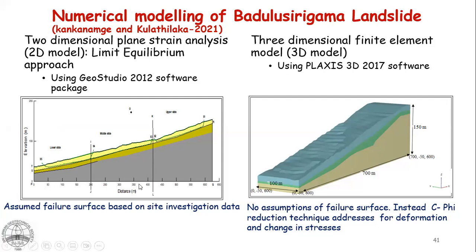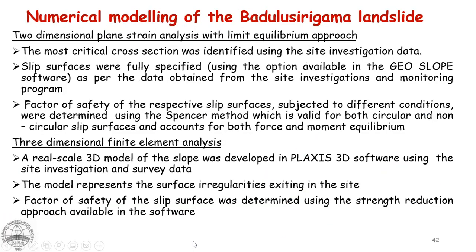In the 2D analysis, we modeled the identified failure surfaces, so stability was evaluated on the identified failure surface after the infiltration analysis. But in the 3D case, it was a finite element analysis through Plaxis. No assumptions were made regarding the failure surface, and the critical failure surface was obtained using the strength reduction technique available in the software.